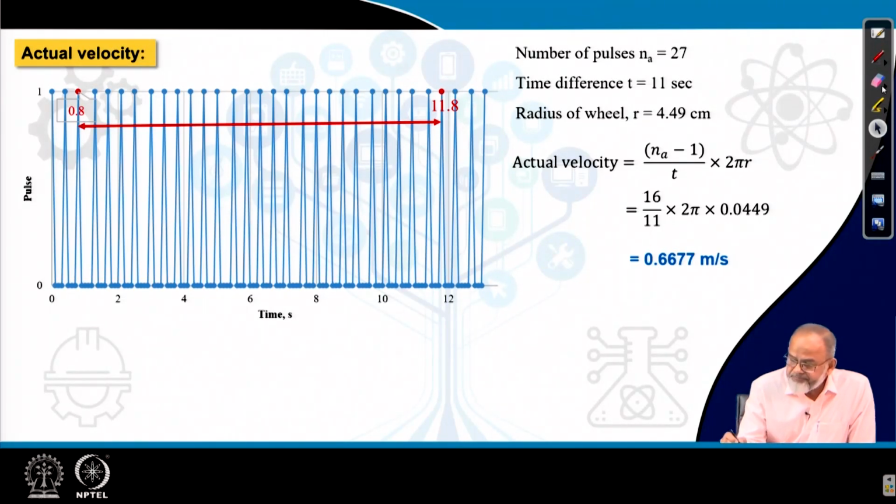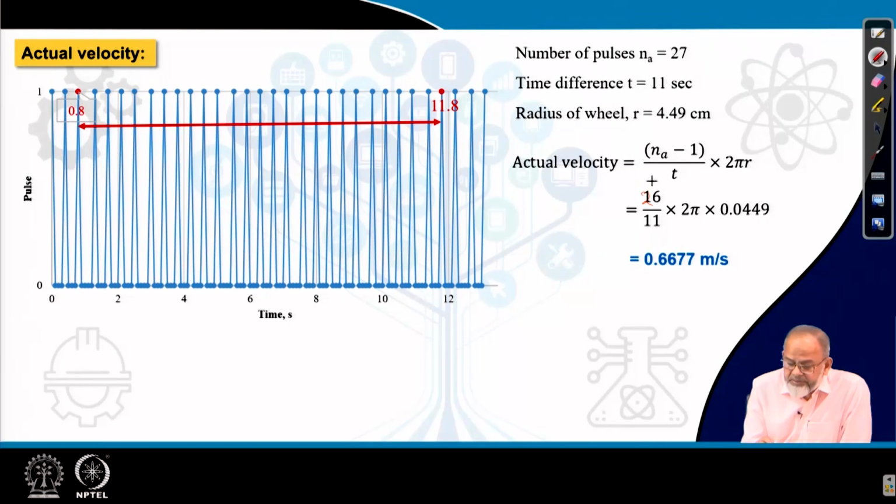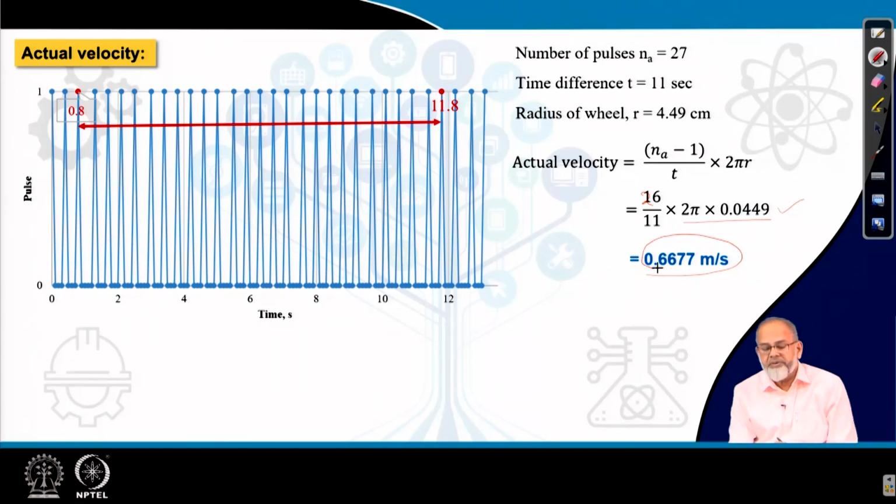So, 26 by 11 is the number of revolutions per second. Then I have multiplied the distance covered in one revolution. That way I am getting actual velocity as 0.6677 meter per second.